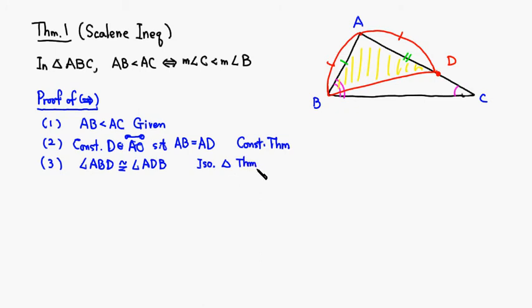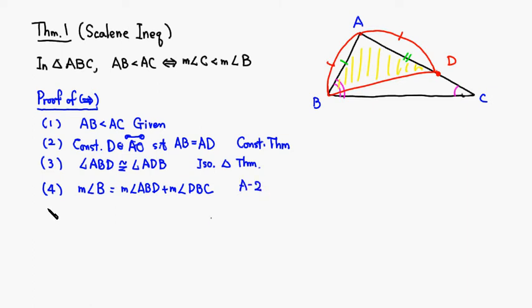Now let's observe the measure of angle B. So 4: the measure of angle B is going to be a combination of the measure of angle ABD and the measure of angle DBC. This is by A2.